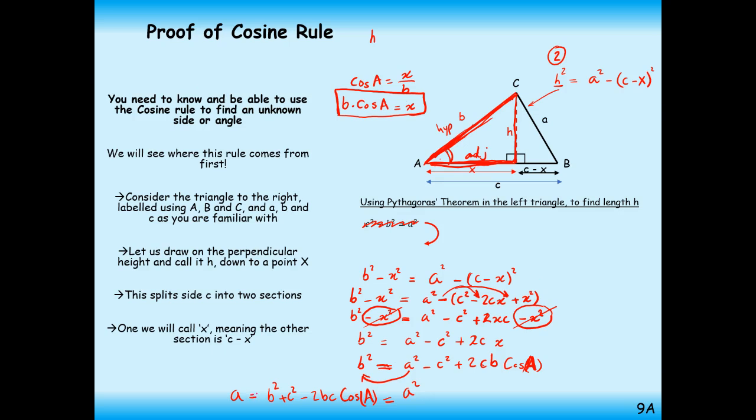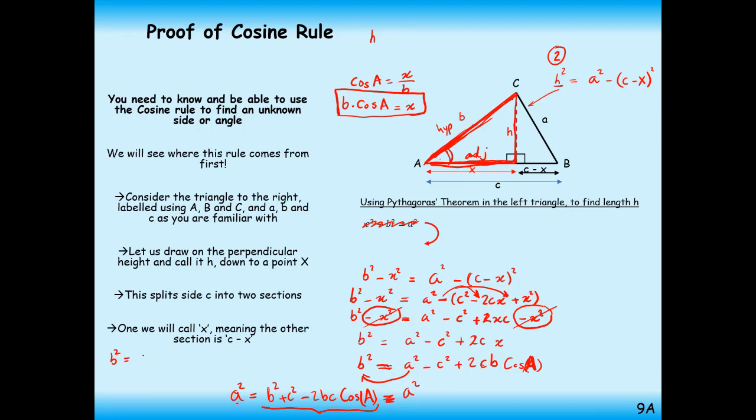So a squared equals this. Just try to remember, if you're looking for one side of the triangle, little a, then you cannot have little a on the opposite side as well, can you? So everything on this side is in terms of b and c, and you only have a capital A to work with. All right. So if you remember this format, then the rest of it is the same.